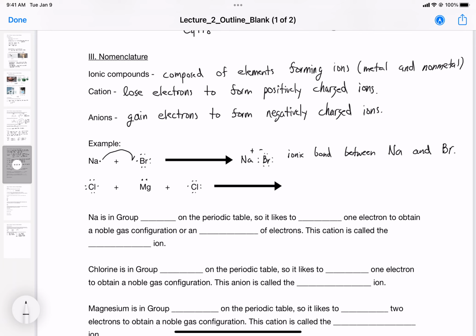So in this case, magnesium can donate 2 valence electrons. So one to this chlorine atom, this one to this chlorine atom. So now we get Cl minus on one side, magnesium 2 plus because it has lost 2 electrons, and then the other chloride ion on the left here.